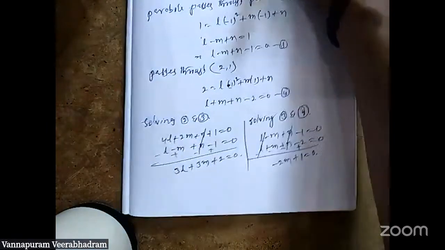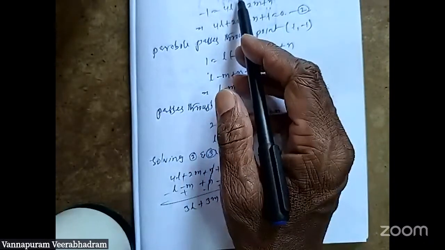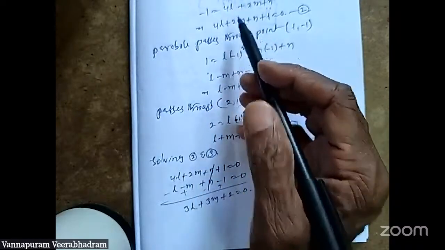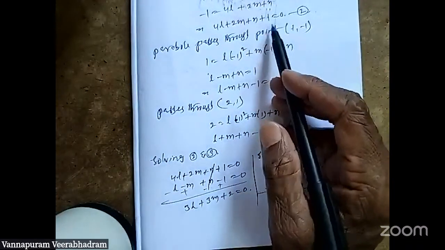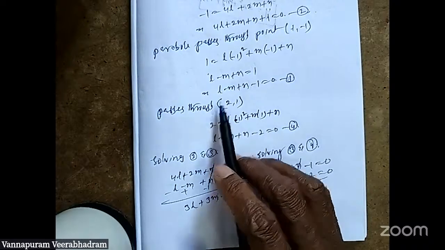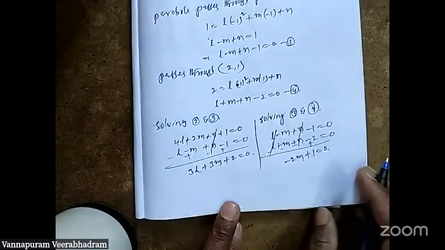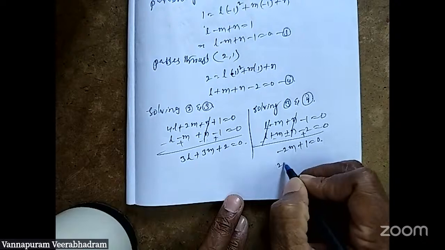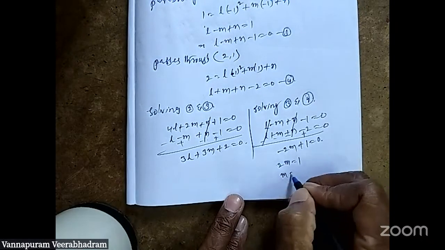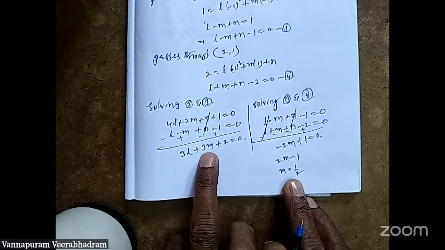Let me check the equation once. Okay, here minus 2M plus 1 equal to 0. Here we get 2M equals 1, that is M equal to 1 by 2.